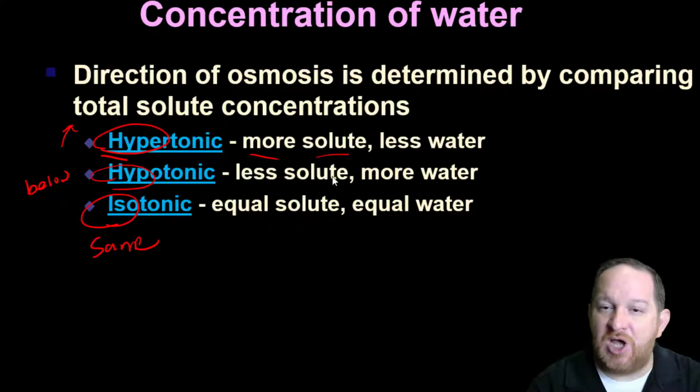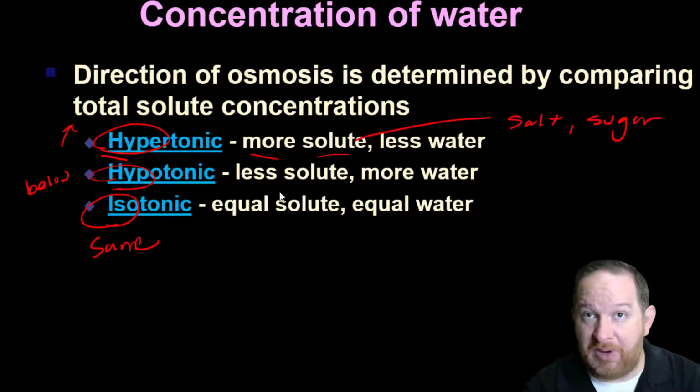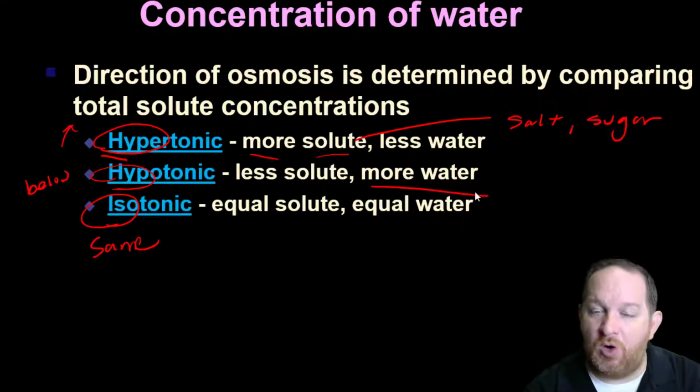And when we're talking about solute, we're generally talking about salt or sugar, but it could be lots of different things. So in a hypertonic solution, there's more sugar, less water. A hypotonic solution means less solute when compared to others and more water.